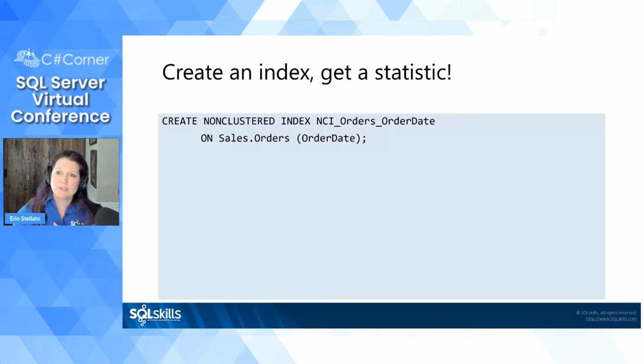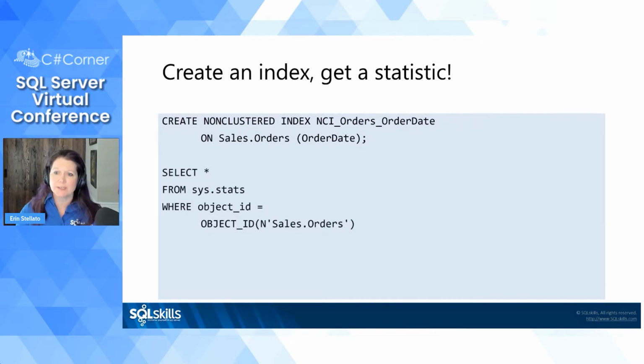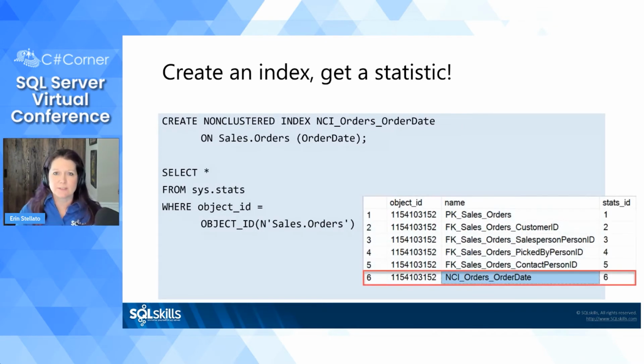If I create this index, what happens is when I then look at sys.stats, I also have a statistic. And notice, what's really important to notice here is that the name of the statistic is the same as the name of the index. So the index was named NCI underscore orders underscore order date. The statistic here has the same name, but they are two different entities in SQL Server. That's really important to understand.